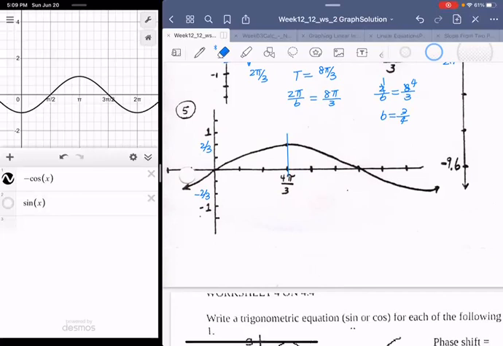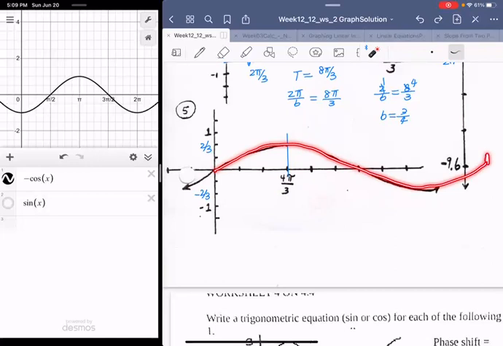So A would be, since the middle is like 4, you have to multiply it by 2, so it'd be 8 pi over 3, and 8 pi over 3 equals 2 pi over b, and that means that b is 4 pi over 3 or 4. Hold on. Your whole period is going up, going down, and then going up.